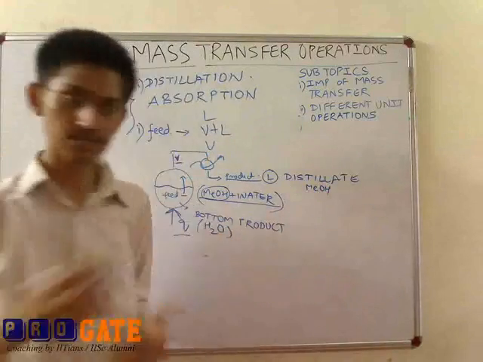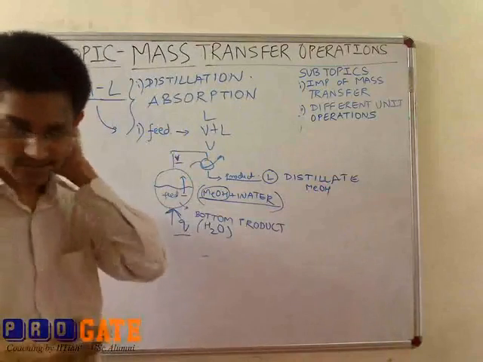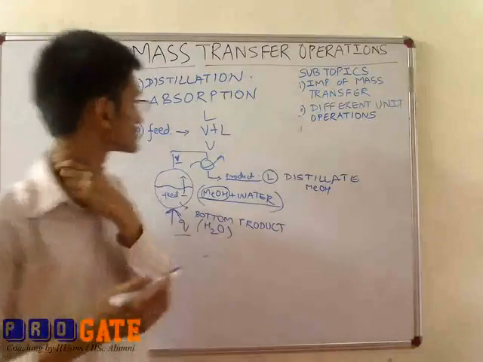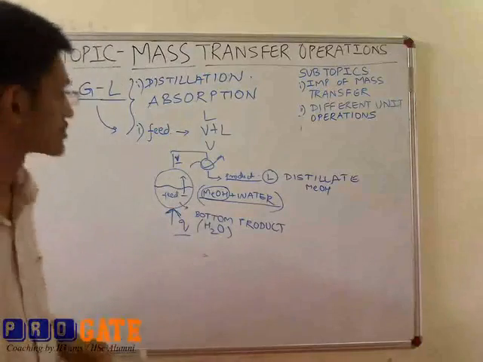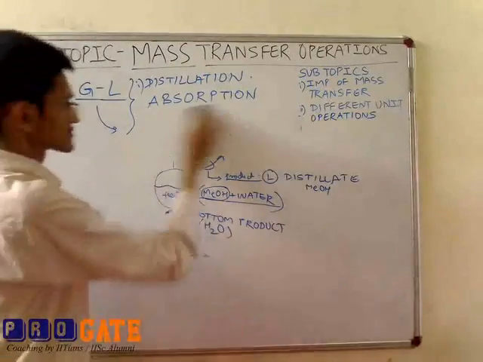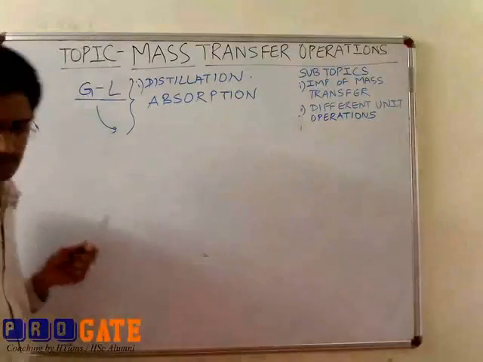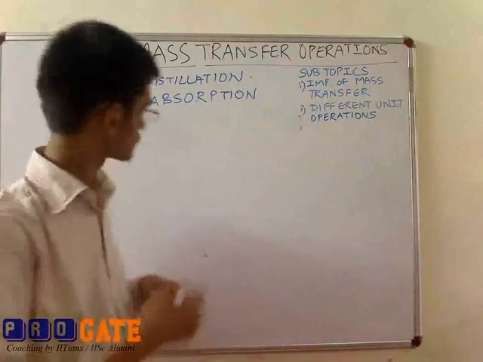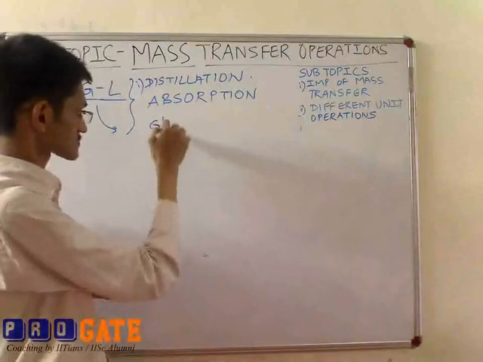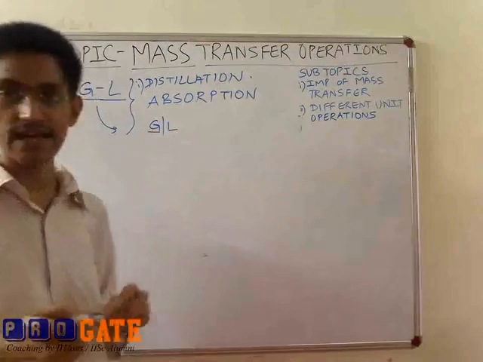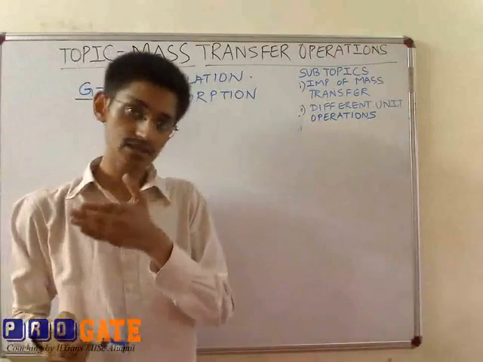We will be studying distillation in more detail later, but it's just how the mass transfer plays a role over here. Then we have absorption, which is again a gas-liquid operation. So in absorption, what you have is a solute present in the gas phase that is absorbed in the liquid phase.